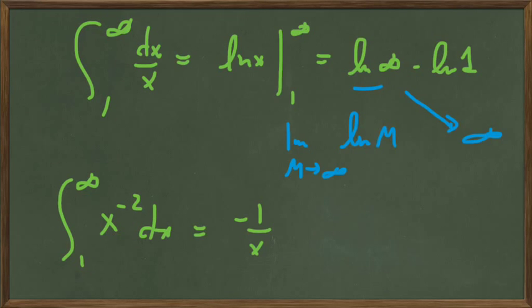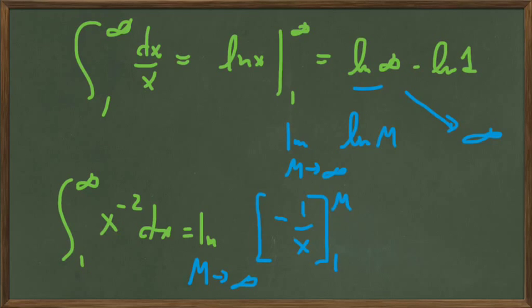Let's write this as a limit: the limit as m goes to infinity of minus 1 over x between 1 and m, which is the limit as m goes to infinity of minus 1 over m plus 1.